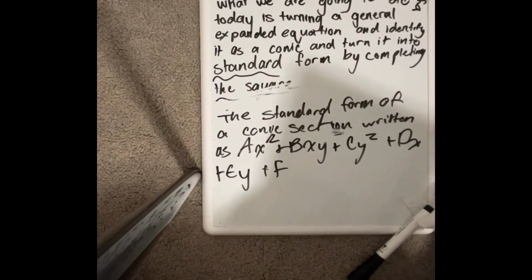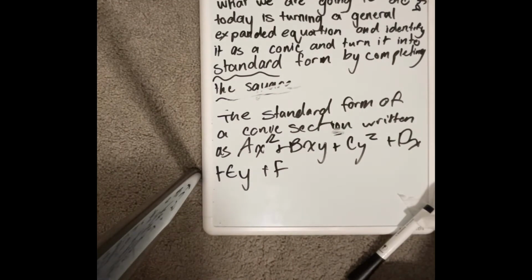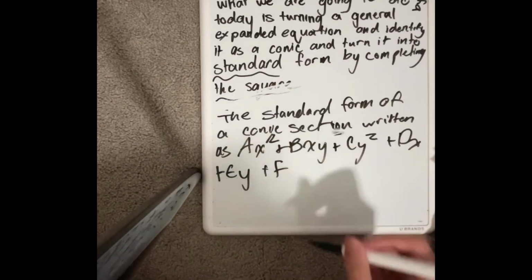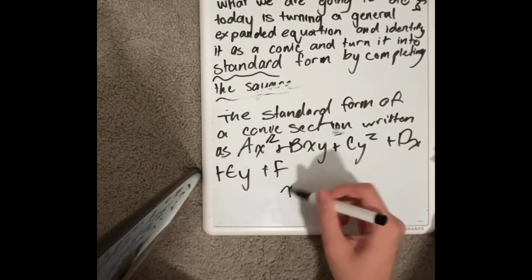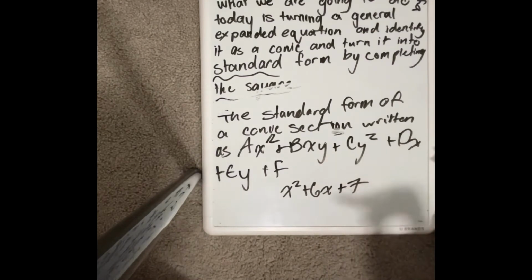Completing the square is writing a quadratic in the form of a squared bracket and adding a constant if necessary. So if we have not learned this before, an example of this is x squared plus 6x plus 7.